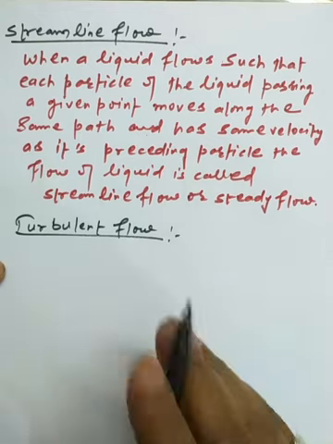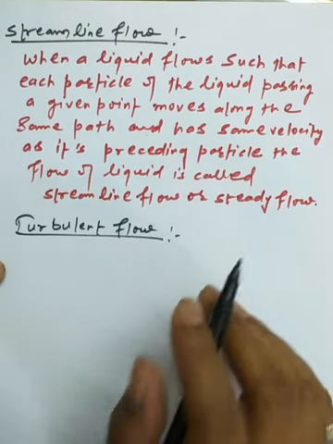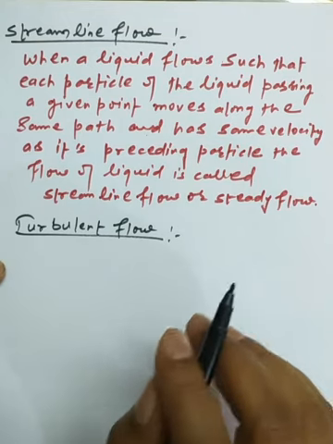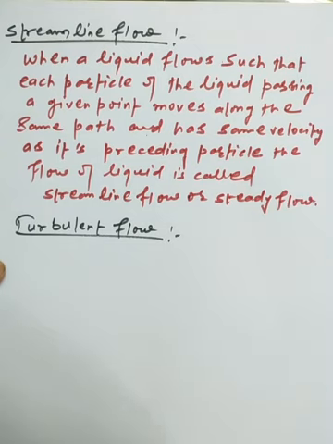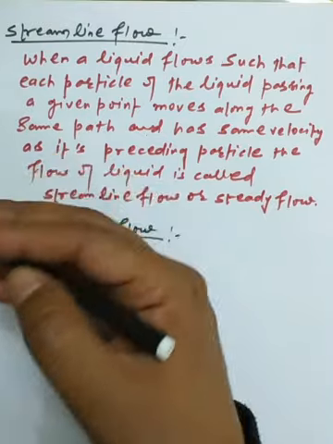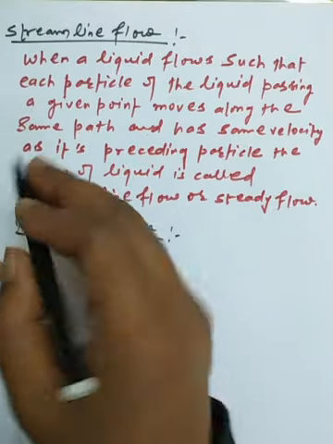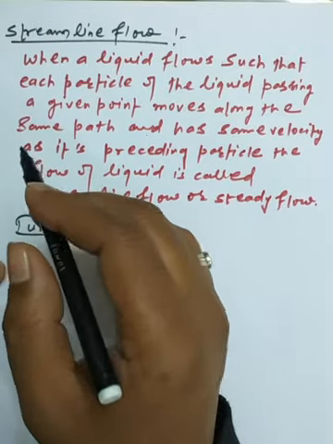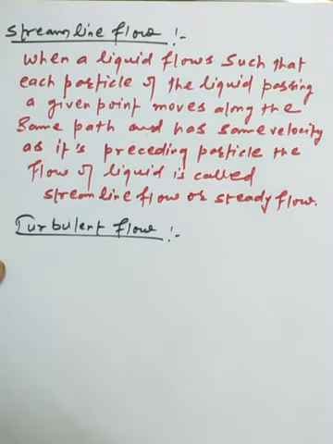Below this velocity, the liquid flow is called streamline. But if the velocity of a fluid exceeds the limiting velocity, called the critical velocity, then the flow of the liquid will become turbulent flow. So first we are discussing the critical velocity, the limit velocity.